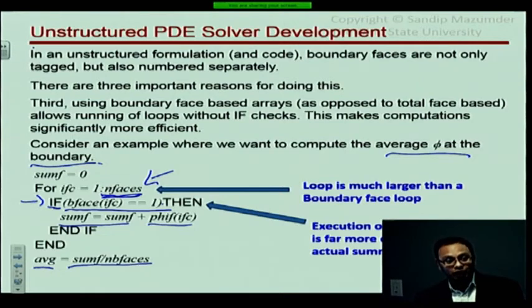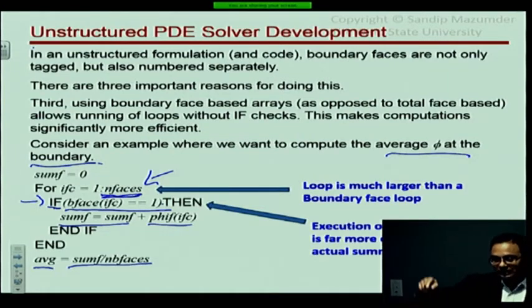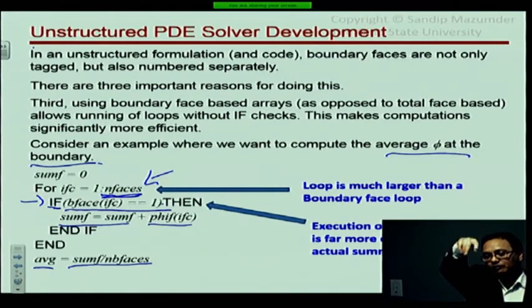Do not use if statements within loops if you can avoid it. It's not a good idea. When we get to the finite volume formulation, I often see students writing do i or for i going from 1 to n, and then they have these if statements within that saying, if i equals 1, do this.